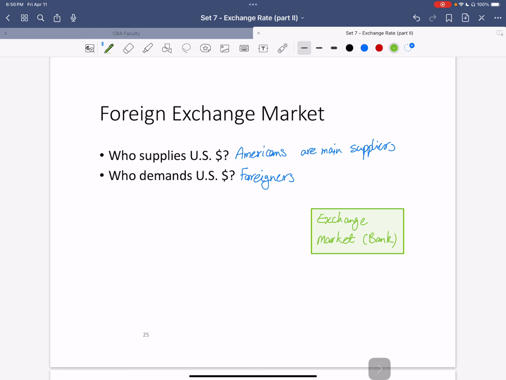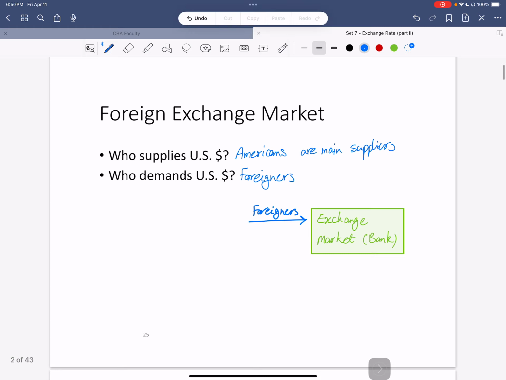Wherever you are exchanging those currencies is known as the exchange market. So the foreigners go to that market.